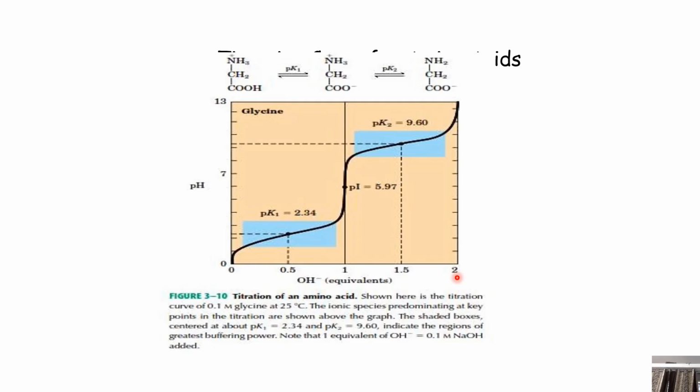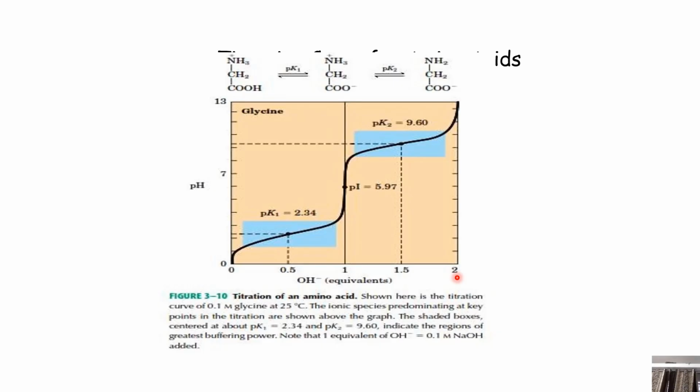Now, if you see, this titration curve is of an amino acid, the titration curve of 0.1 molar glycine. The ionic species predominating at key points in the titration are shown above the graph.